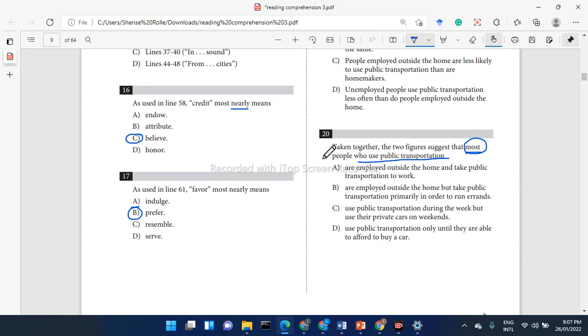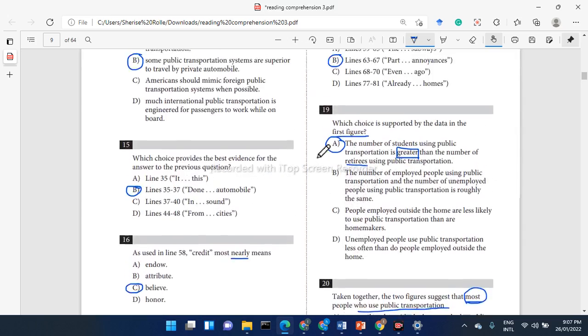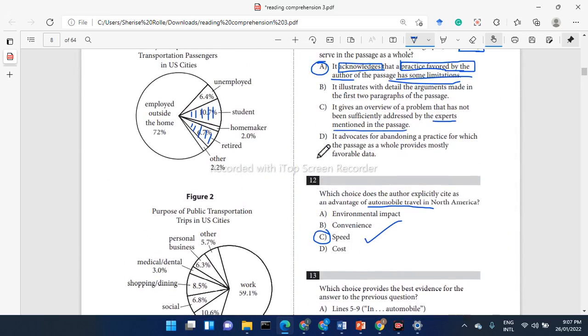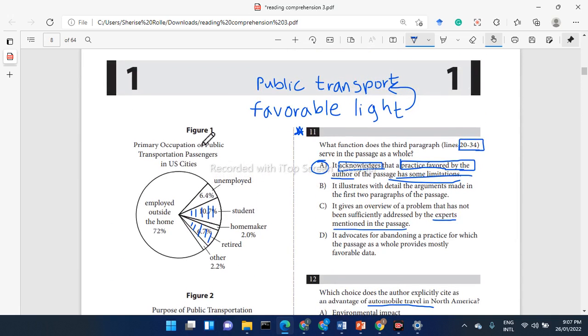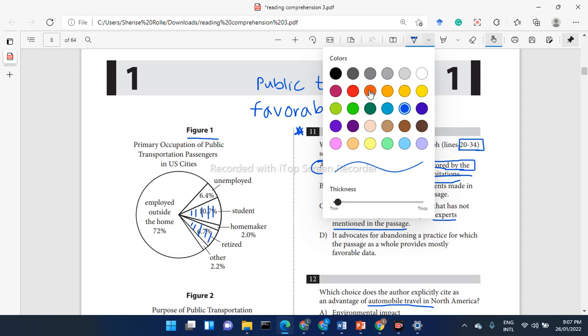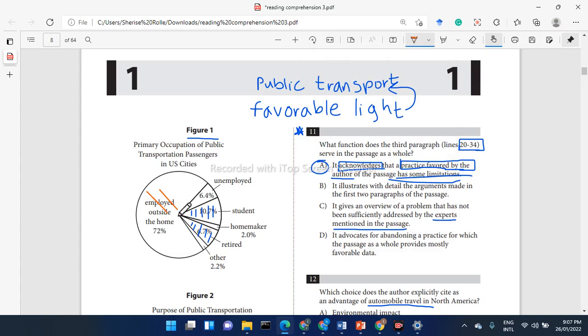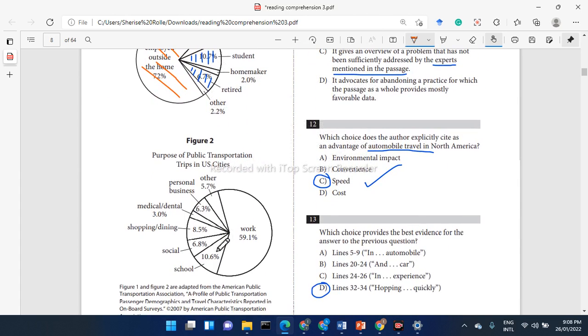So let's look at the charts. If we look at the charts in figure 1, who uses public transportation the most? People who are employed outside the home, right? So they use public transportation the most. If we look at figure 2, what is public transportation mostly used for?